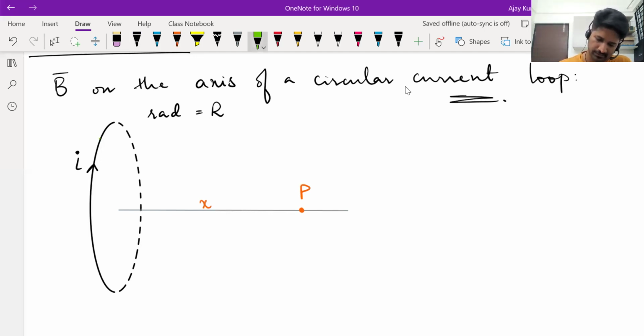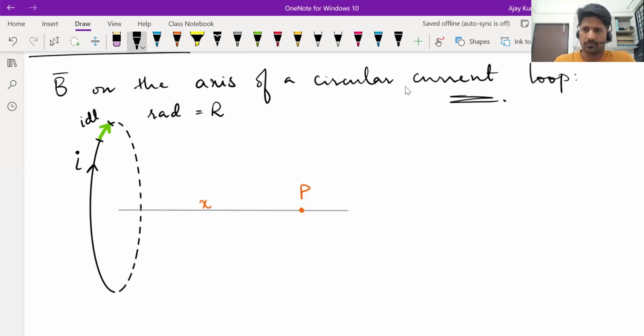Let's say this one. The direction of the current element must be along the direction of flow of current. You cannot reverse that. It's a rule. Okay, let's say the current element is ideal as usual.